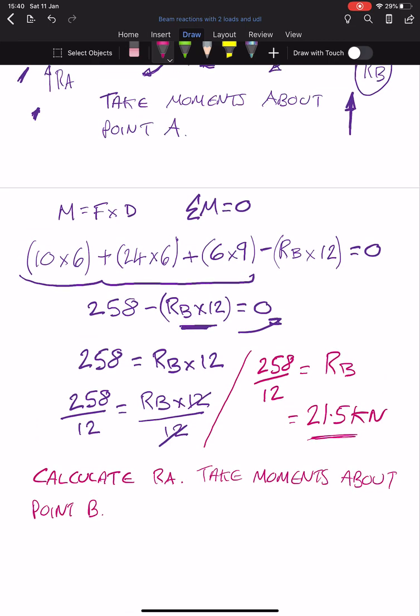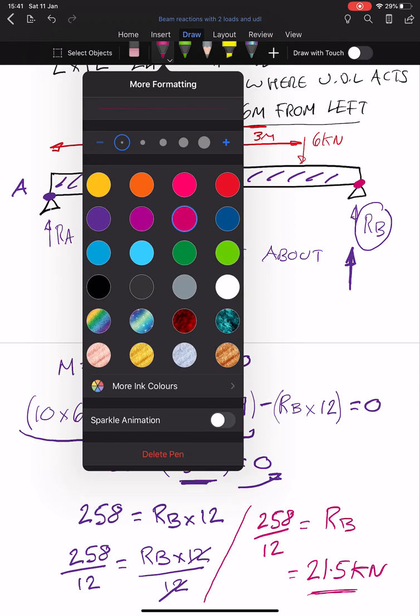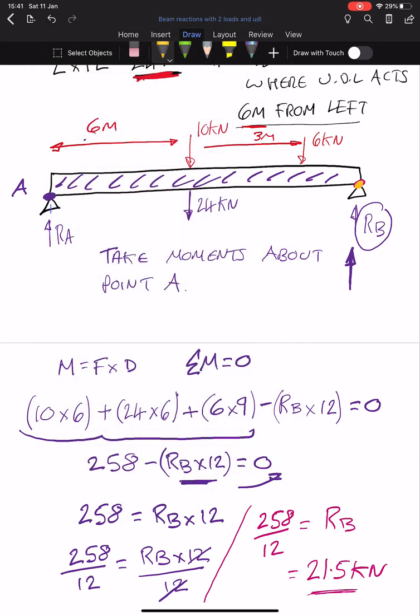So my first one is going to be this 6. Let me close things up a bit. Get rid of some of this. So there's my pivot point. There's my 6.